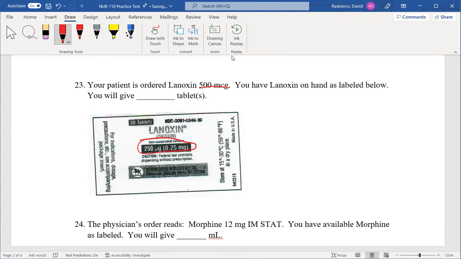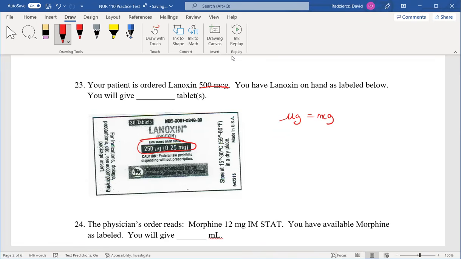There's 250 micrograms per tablet or 0.25 milligrams. Now you might be wondering, I didn't know that was micrograms. You'll see this is the same thing as this. It's called the Greek letter mu, but they both mean the same thing.